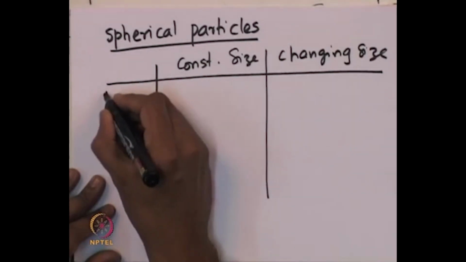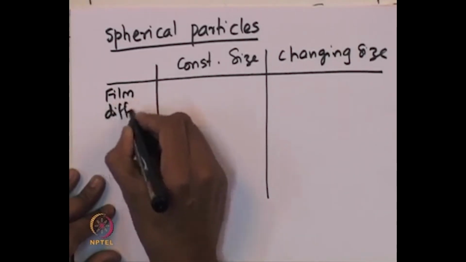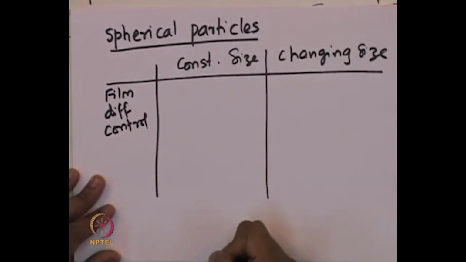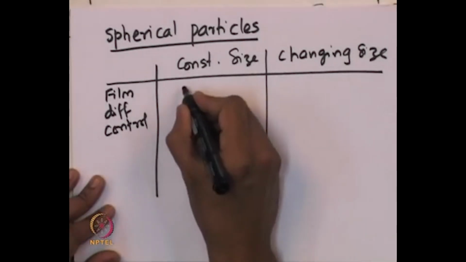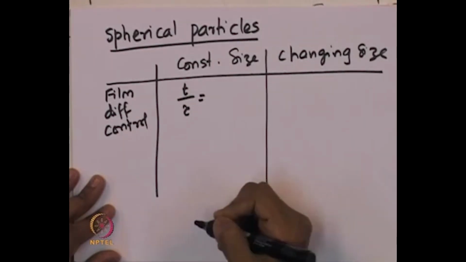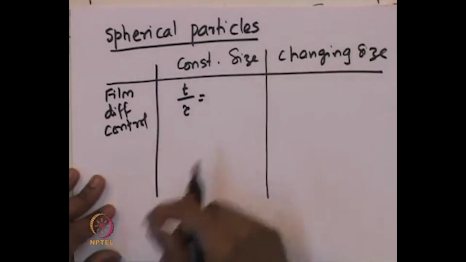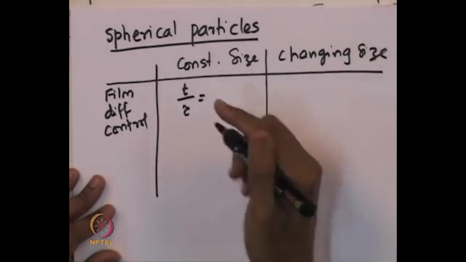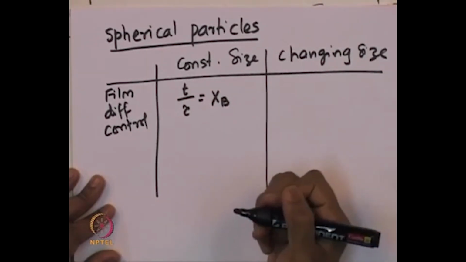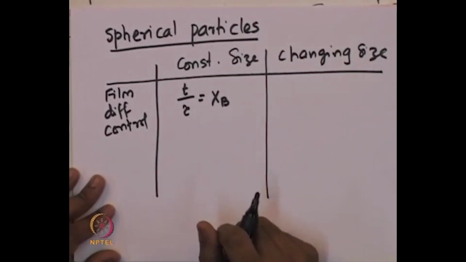Now, suppose it is gas film diffusion control. If the overall reaction is controlled by the film diffusion, then we found that t by tau, where t is the time taken for the unreacted core to reach a certain radius because of the heterogeneous reaction, should be equal to the conversion of the solid itself, which is directly related to the amount of solid that is reacted.